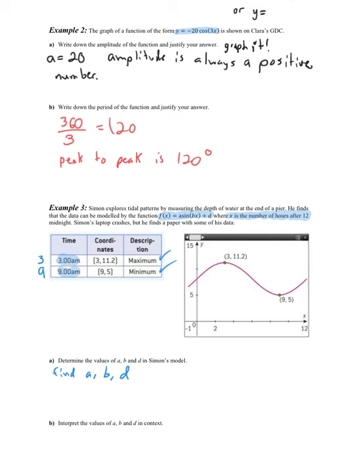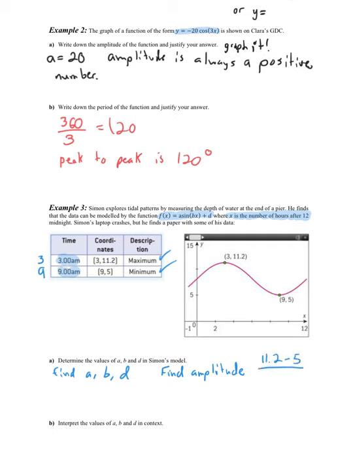So first, how do I find the amplitude of this equation? Do I just do the max minus the min? 11.2 minus 5, and that's it? Max minus min divided by 2.